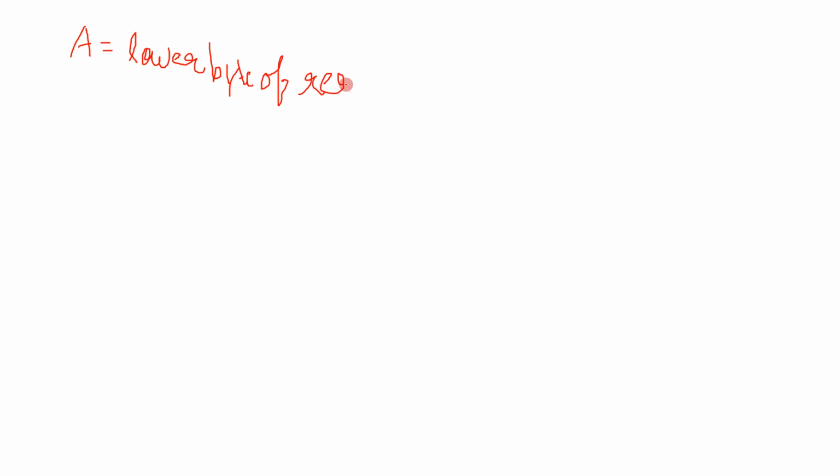And we know in advance that we are using A to store the lower byte of the result, and we are using B to store the higher byte of the result.